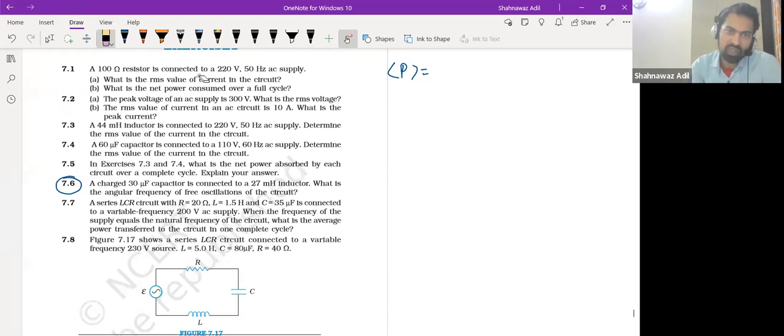Remember, whenever they have given you these things, this is the RMS value which is given, right? This is the RMS value. Oh, the peak voltage. In here they have given peak voltage. But whenever they don't mention, these are the RMS values that are given, right?